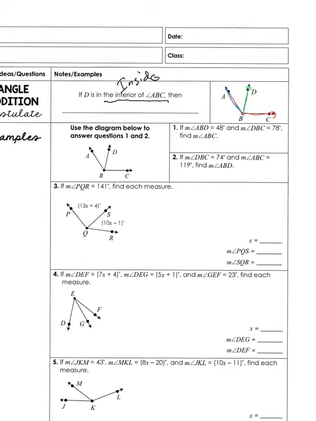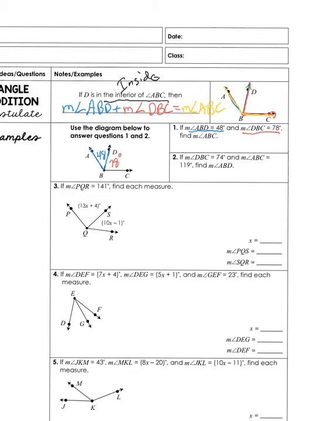So now let's take a look at this. It says use the diagram below to answer questions 1 and 2. So if it says the measure of angle ABD is 48, I'm going to put 48 degrees inside the interior to represent ABD. And then it says the measure of DBC is 78, so I'm going to put 78 degrees there.